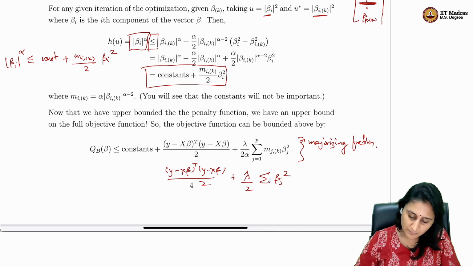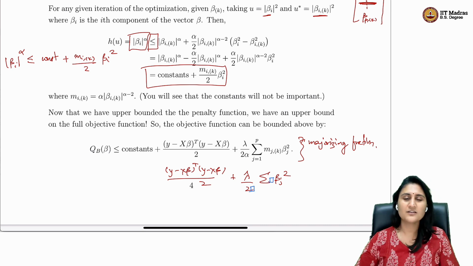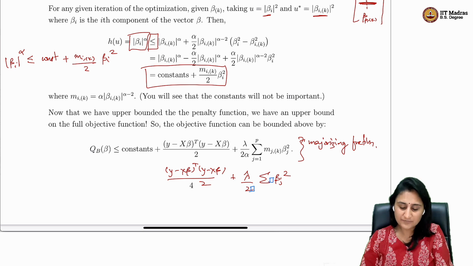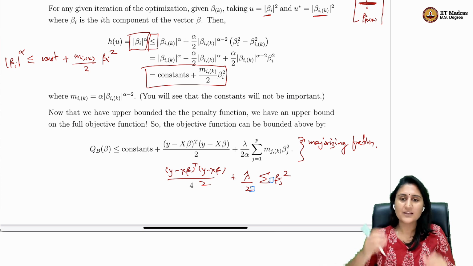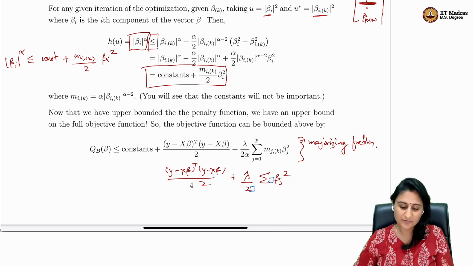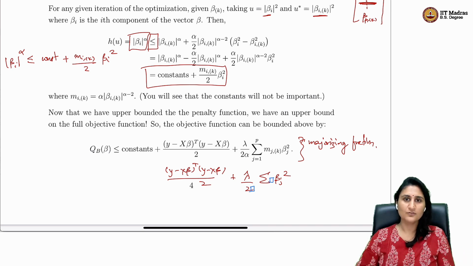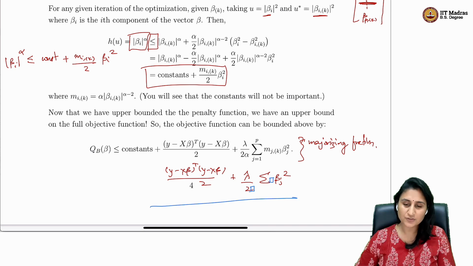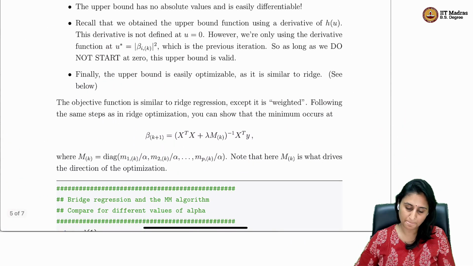Except now there's some number here and some number here. But, and I'll leave this up as homework for you, it should be straightforward to see that you can take the derivatives and set to 0, okay, and show for yourself that finding where this function is minimized is a one-step process with an exact solution that looks something like this.